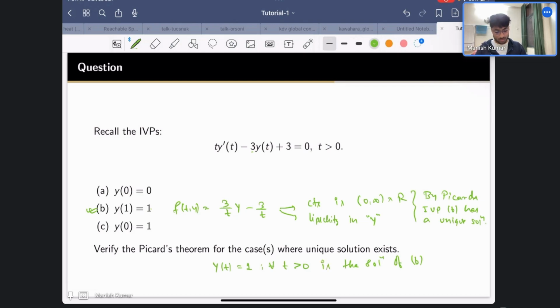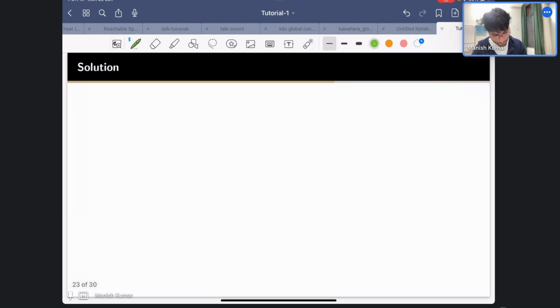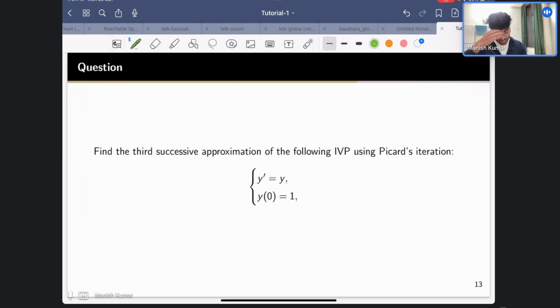Okay, so let us move to the next problem. You have seen the proof of Picard's theorem, right? Where we define an iteration.